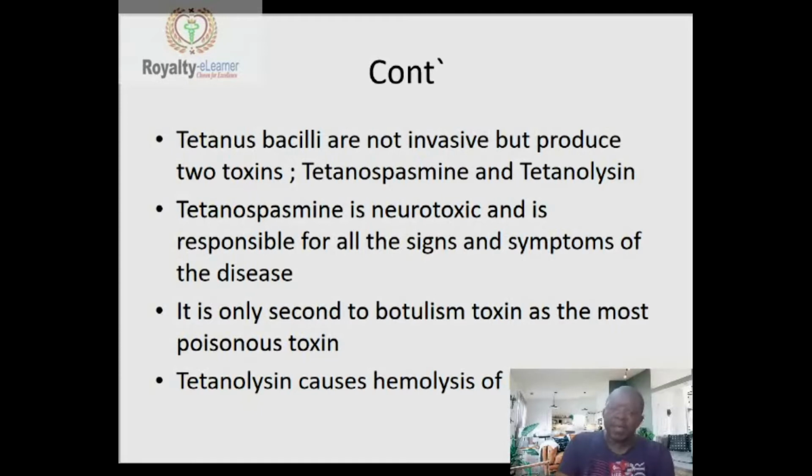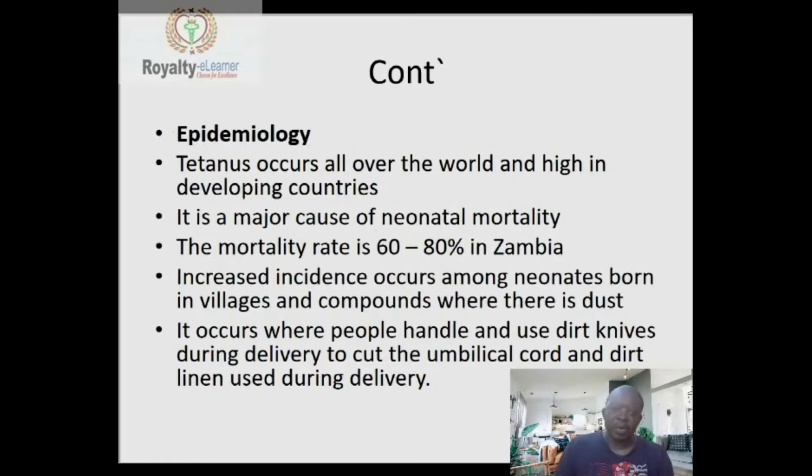Tetanospasmin is neurotoxic and is responsible for all the signs and symptoms of the disease. It is only second to botulism toxin as the most poisonous toxin. Tetanolysin, on the other hand, causes hemolysis of red blood cells in utero.